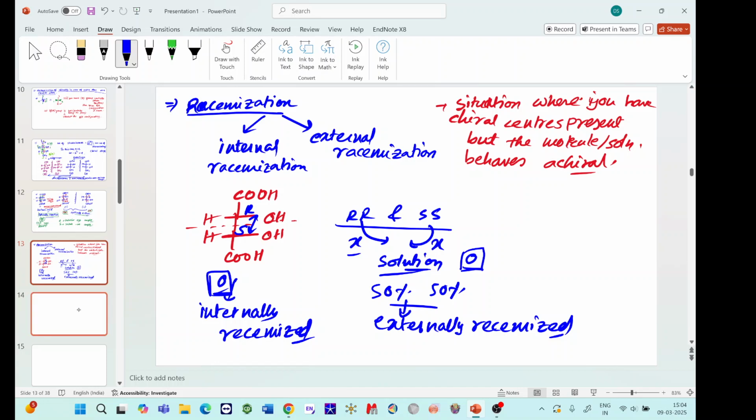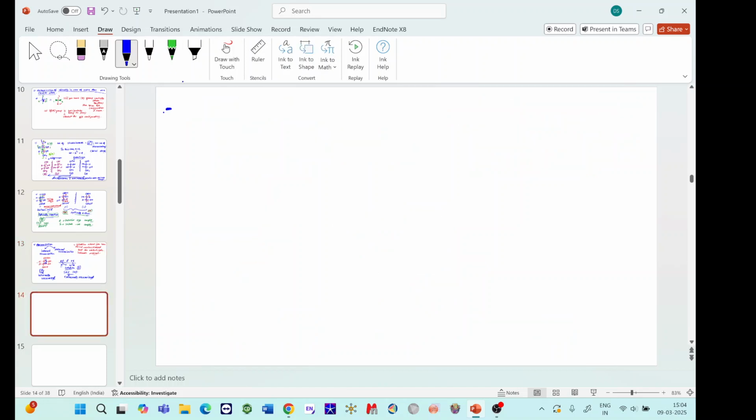Then how to separate chiral compounds? Again the same thing will come.